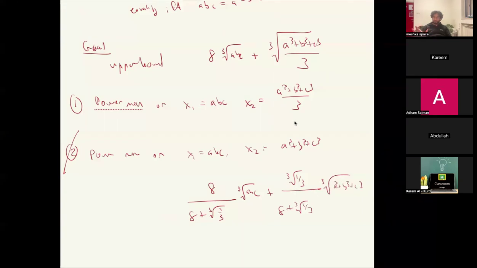So Abdullah, this is what you mean by modify the weight, right? Like just taking a factor of 1 over square root of 3 and then you're taking, yeah, it's like this, right? Yeah, well, almost.